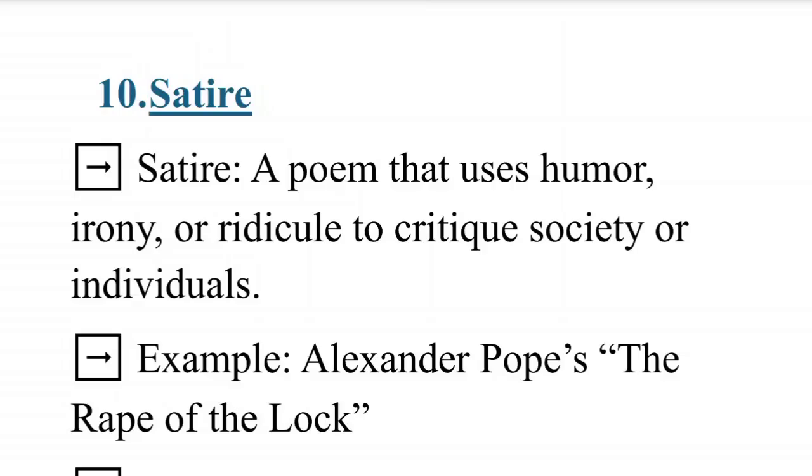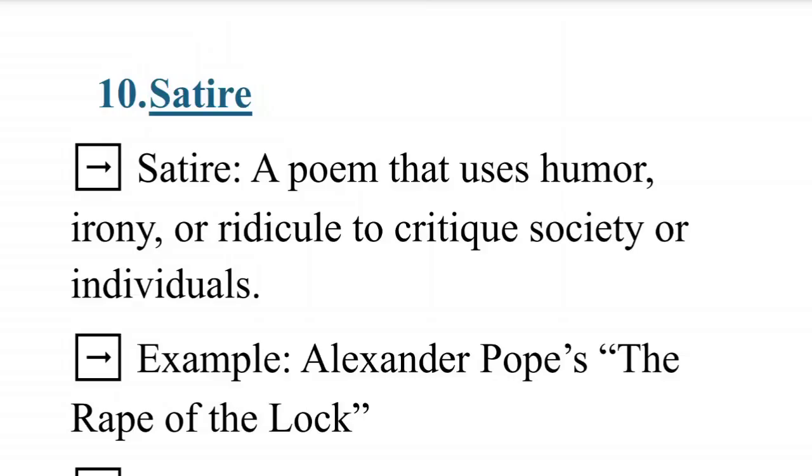So give more focus to satire, especially to Alexander Pope's The Rape of the Lock. You'll get a number of questions on The Rape of the Lock in each and every exam related to English literature. I can say that there is no question paper without a question on Alexander Pope, especially The Rape of the Lock, which is very popular, a must-read poem.